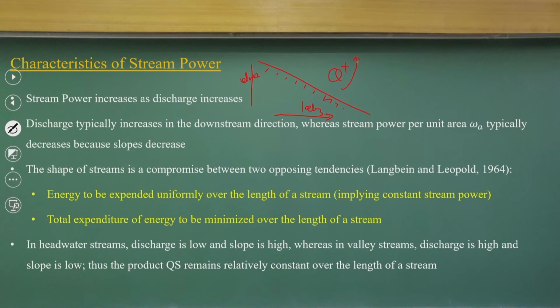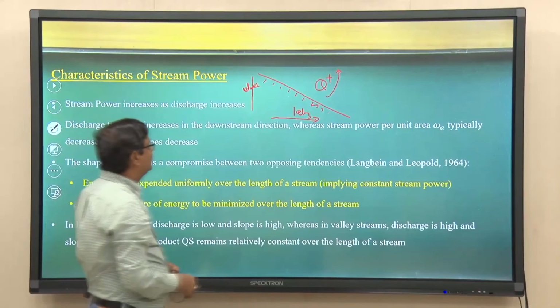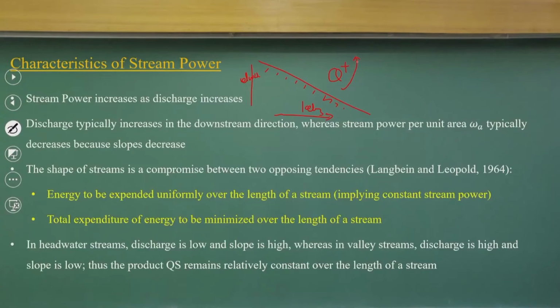In general, as you go downstream, you have more increase of discharge. That will also facilitate increasing the stream power. That means the energy dissipation is much more necessary as you go further downstream.